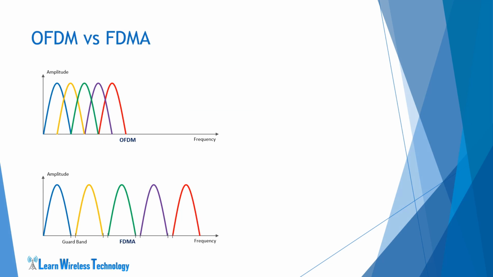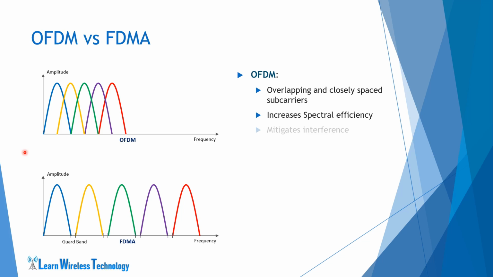Now, this is a representation of characteristics of an OFDM system versus an FDM system. So, as you can see in the OFDM system, the subcarriers are overlapping and closely spaced. The overlapping carriers increase the spectral efficiency since a large number of subcarriers utilize small space in the frequency domain, and the orthogonality between the subcarriers that is offered in this system helps in mitigating the interference.